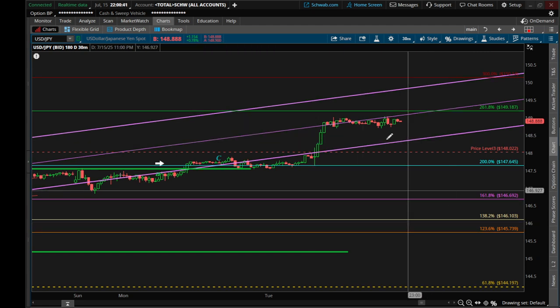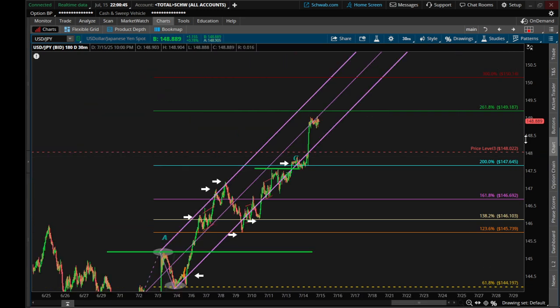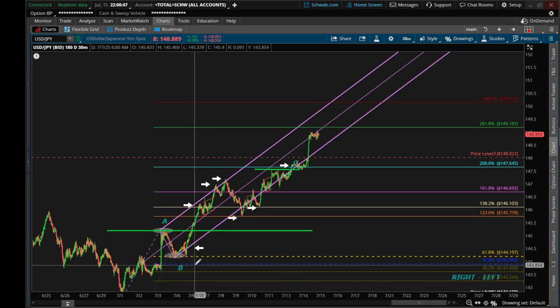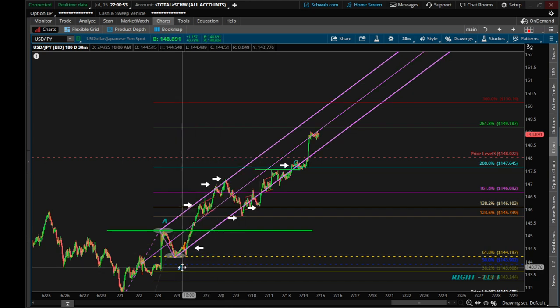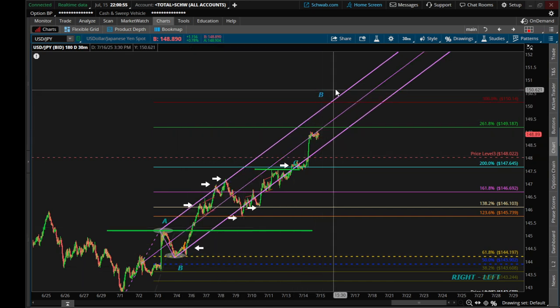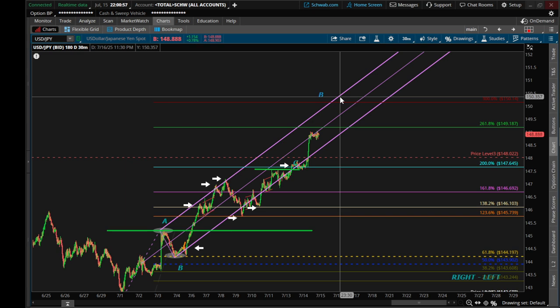Now, let's zoom out here real quick and label RC real quick, because I think it's over. I made an earlier video a couple of weeks ago on the US dollar saying that we're in a triangle pattern and we're looking for a C leg up.